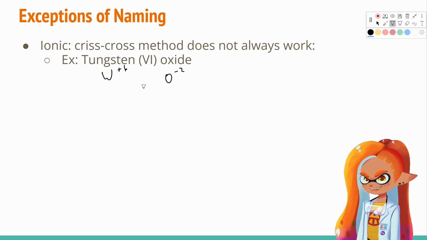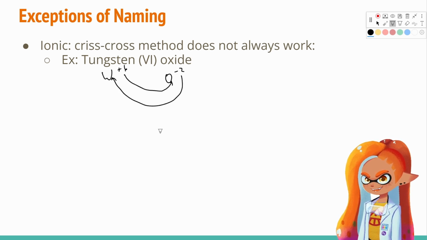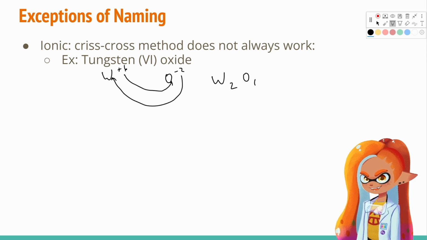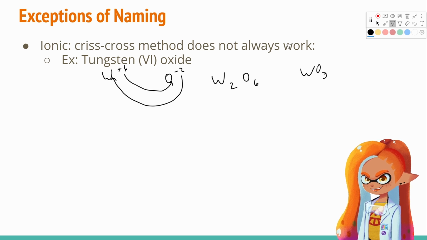The crisscross method is when you take the charge and just put it down here, and you take the charge, you put it down here, you put it as a subscript, and you ignore the charges. So you would be writing, for example, W2O6. Now, ionically, that doesn't work because you can reduce this down. It could be WO3. So I personally don't do the crisscross method, but a lot of students like it.